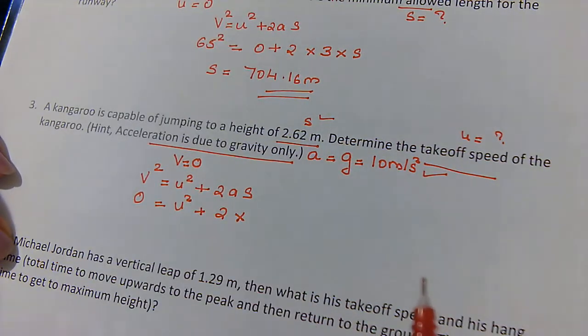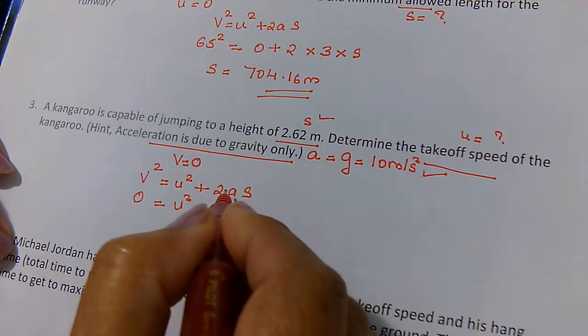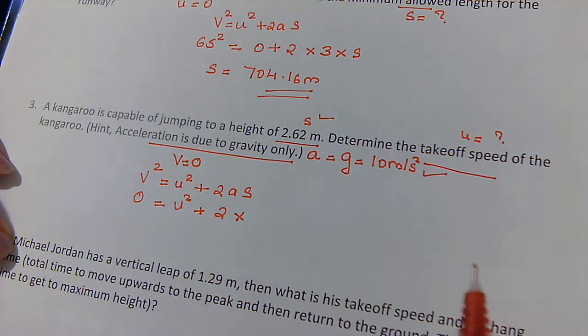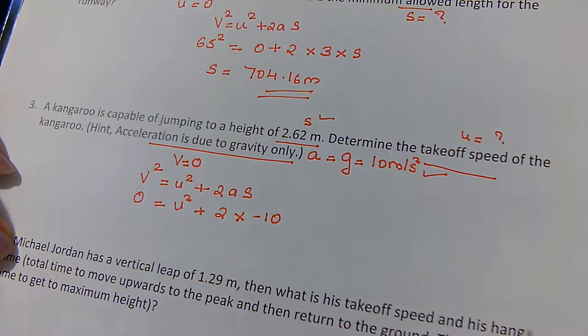Now here, one more thing you have to keep in mind is acceleration due to gravity always acts downwards. But in this case, the object is going upwards. So the value of a is not just 10, the value of a is minus 10. So keep that in mind.